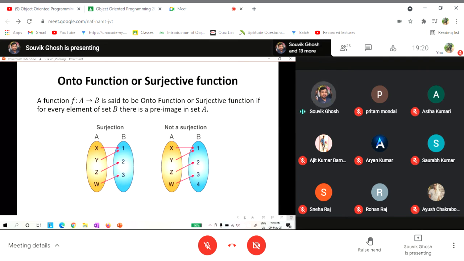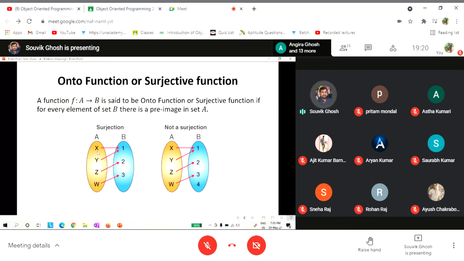So there is one picture we have. This is our set A, the domain, and this is our set B, the codomain. More than one element can be related to one element.